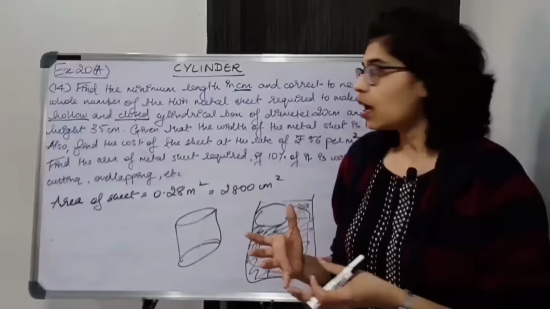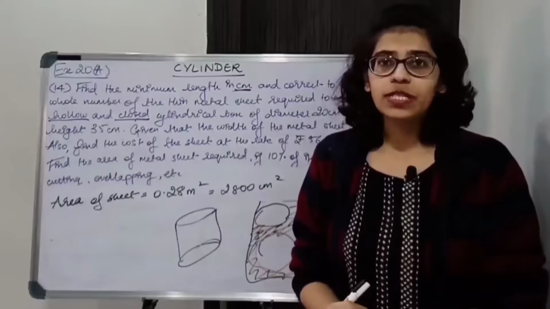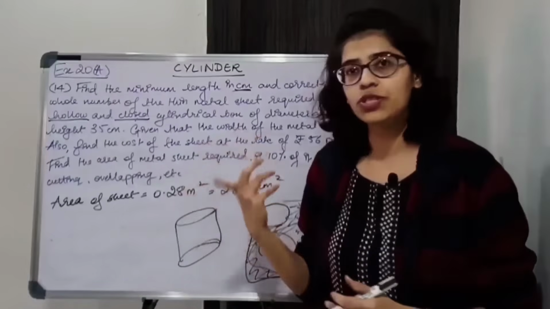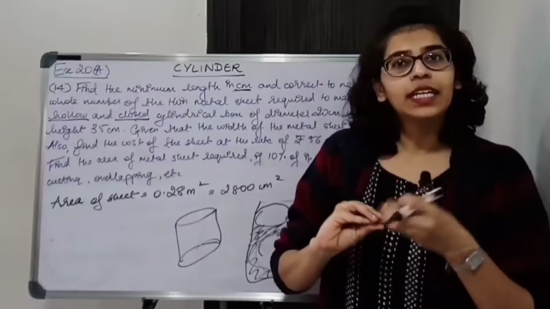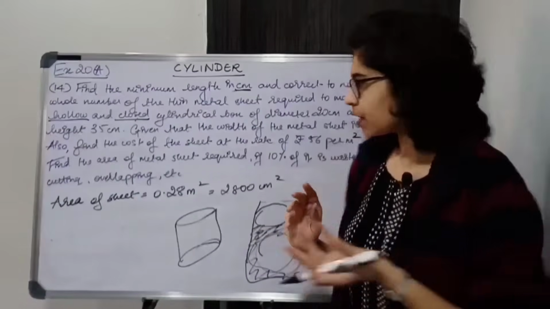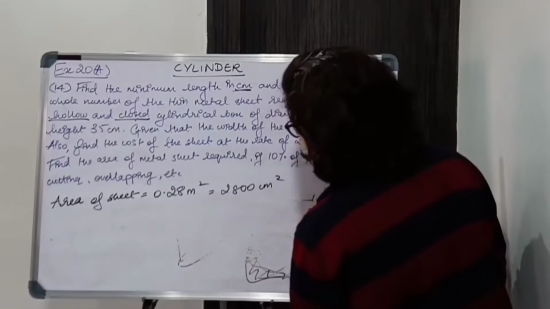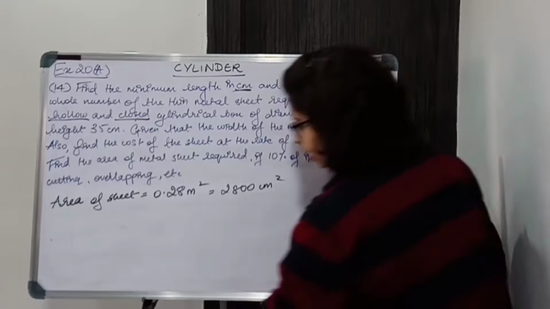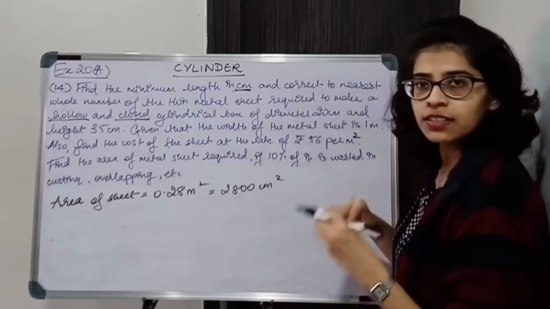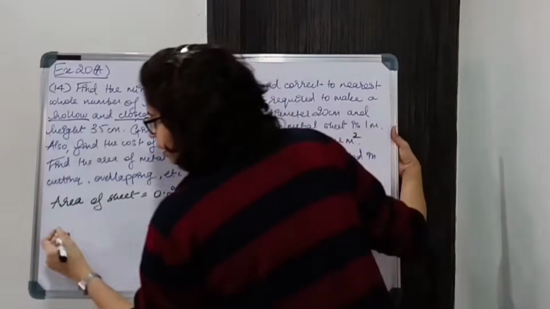Now how much total area of metal sheet was there? This is the amount used for making the cylinder, but total कितना था we don't know. So let us take it as x. Okay, so let's say that the total area of metal sheet is some centimeter square or some meter square.